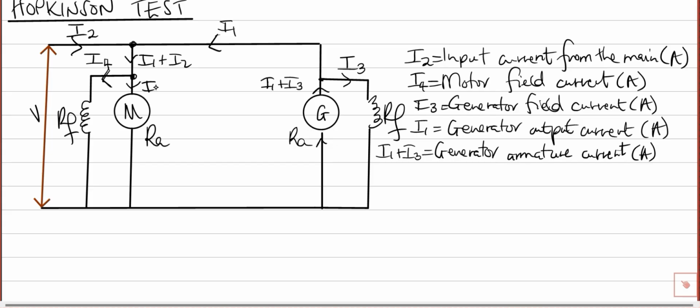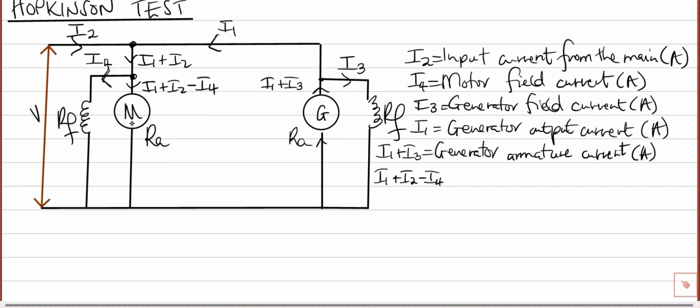So you can represent that as I1 plus I2. Because I4 is moving away instead of towards this point moving downwards, you say minus I4. So this very current I1 plus I2 minus I4 is the same current which will pass through the motor armature resistance. So we have I1 plus I2 minus I4.